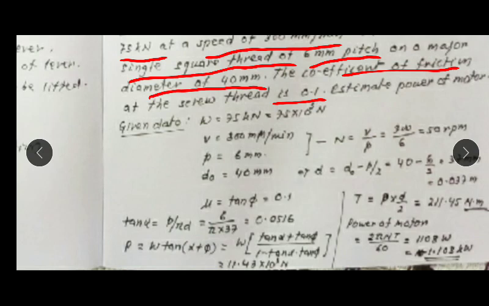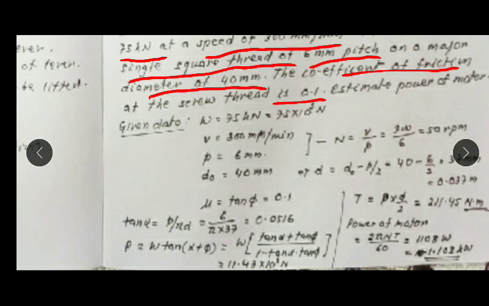For multi-threaded screws, tan alpha equal to n P upon pi d. P is 6 mm and d equal to 37 mm, both are in mm. If we are using d equal to 0.037 meter, then P also in meter, that is 6 into 10 to the minus 3 meter. And tan alpha will become 0.0516.